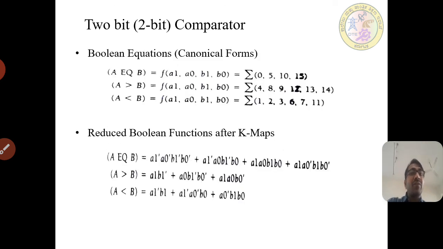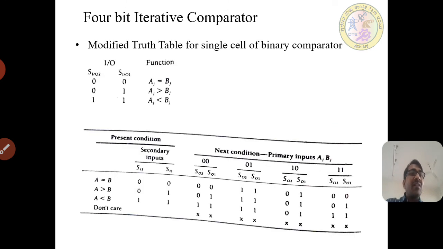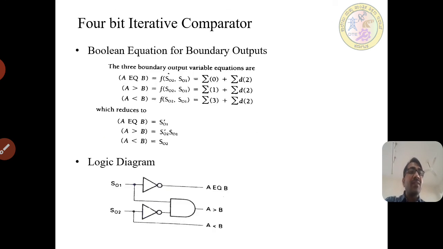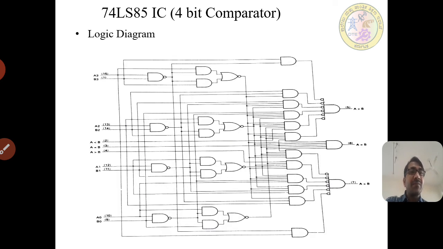Using the K-map we reduced and saw the circuit, and we saw the iterative comparator, the individual circuit and truth table for the comparator cell, and also the last decoding logic. And the IC that is practically used in the market, the 7485, which compares two 4-bit binary values.